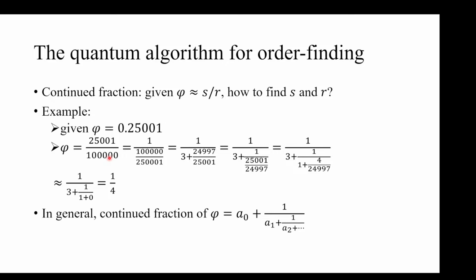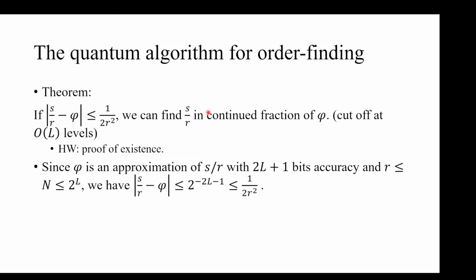You have a over b, then you say it's 1 over b over a, and b is bigger than a, so you can do division, and you keep having layer after layer. And then we just claim that if you cut off this continued fraction at some number of levels, then you will get your S over R correctly.